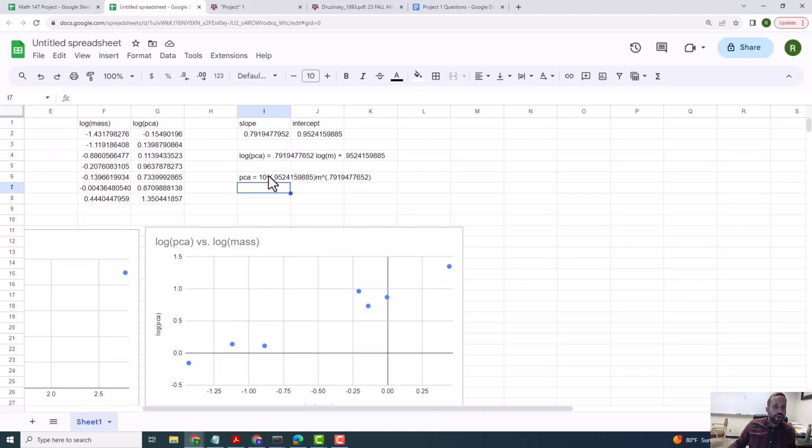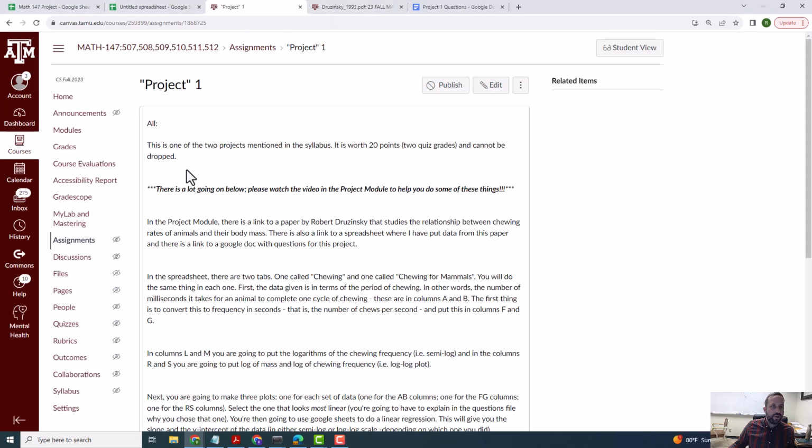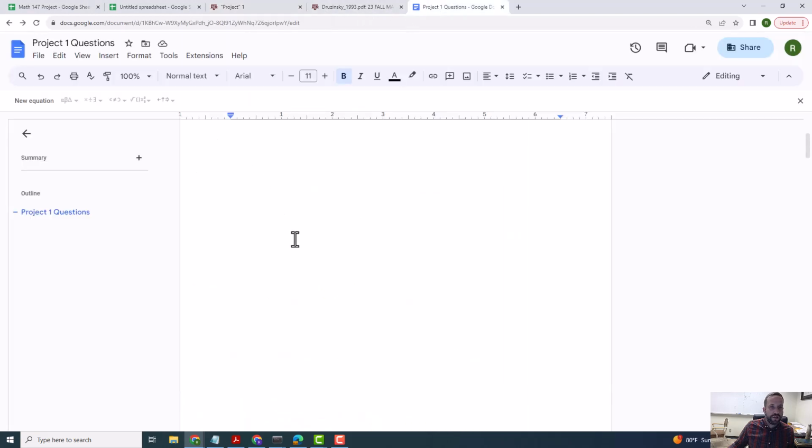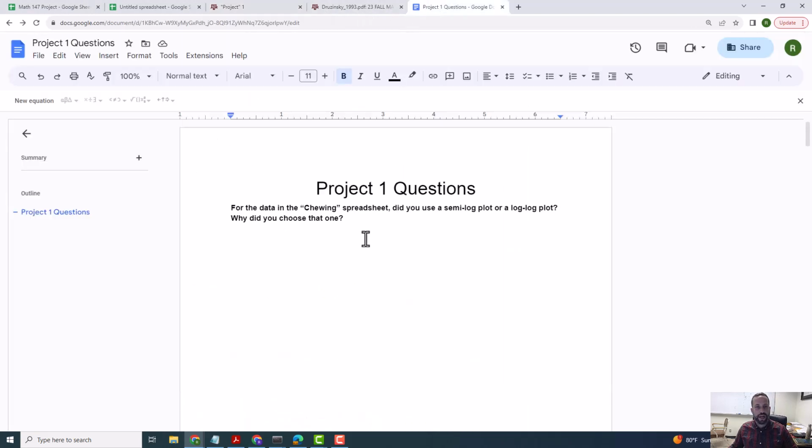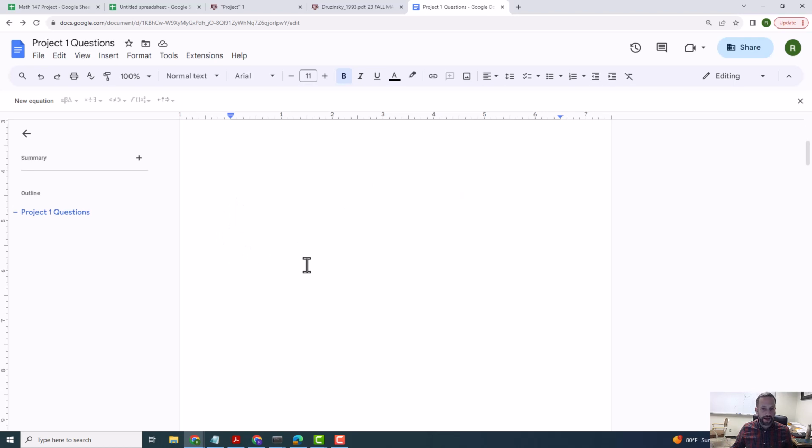Okay, so you're going to need to know these relationships because when you answer the project questions, which, if you look in the modules, there's a link to, you're going to answer these. So this says, from the chewing spreadsheet, did you use a semi-log plot or a double log plot? Why did you choose which one? Basically the argument is telling me why one of those gave you something that looked more like a line and why the other did not.